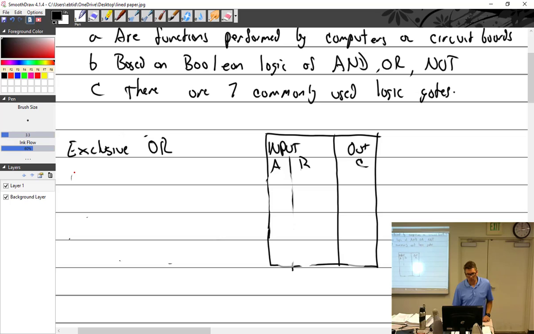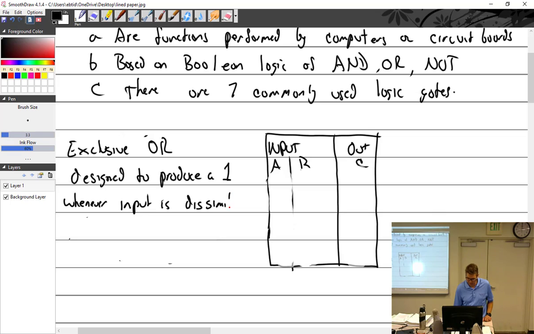Designed to produce a 1 whenever input is dissimilar. And that is what an exclusive OR does.